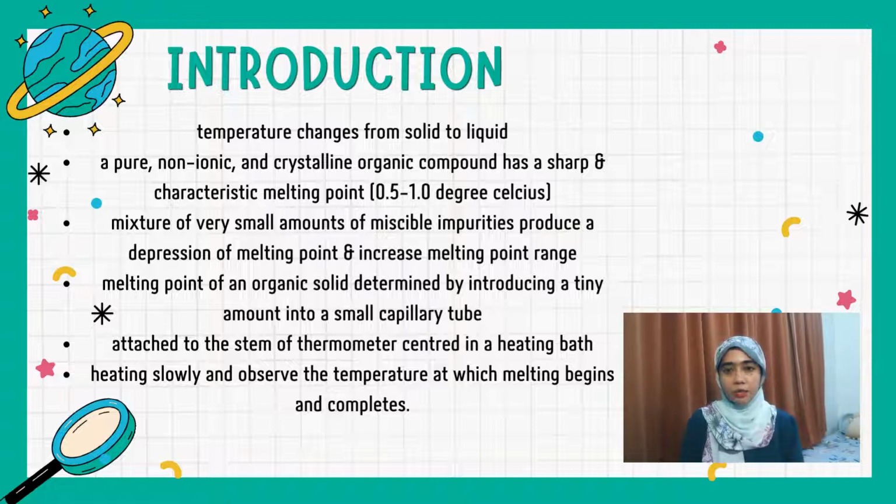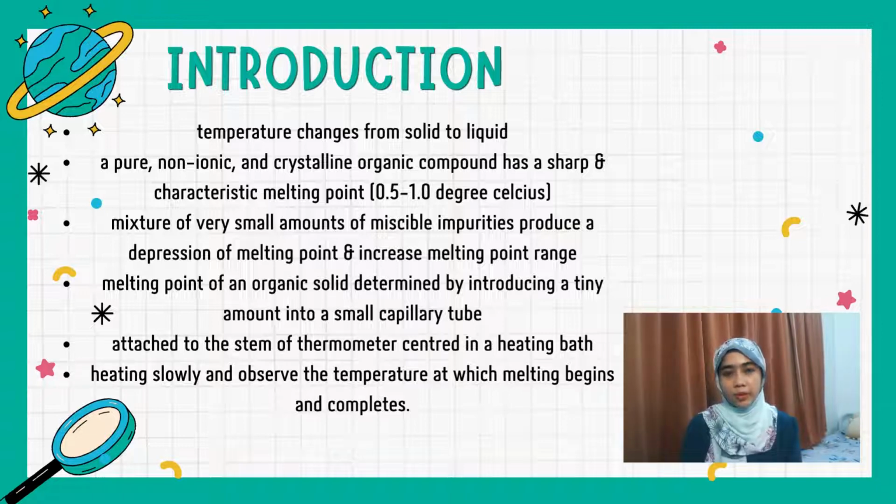A mixture with a very small amount of miscible impurities will produce a depression of the melting point and an increase in the melting point range. Consequently, the melting point of a compound is a criterion for purity as well as for identification.